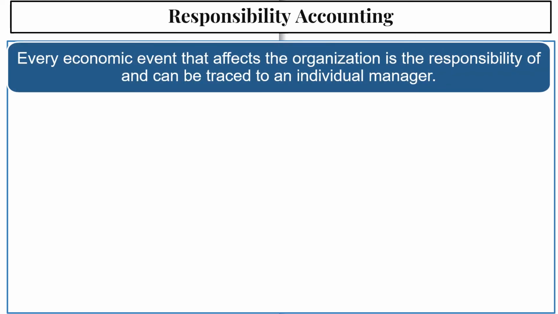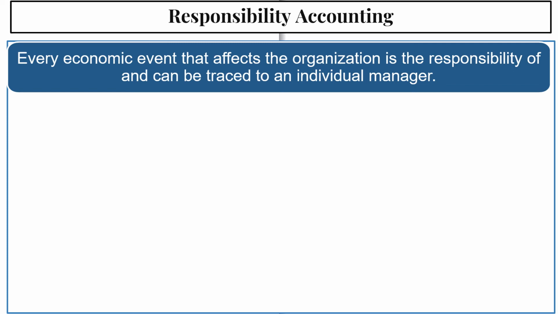For responsibility accounting, every economic event that affects the organization is the responsibility of an individual manager. So we can trace that economic event to a specific manager. That's what we mean by responsibility accounting.